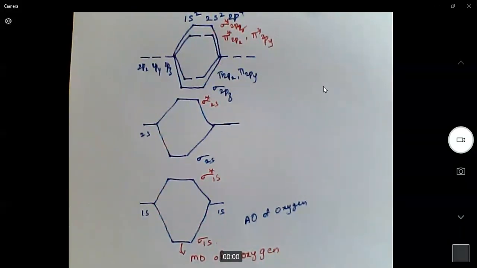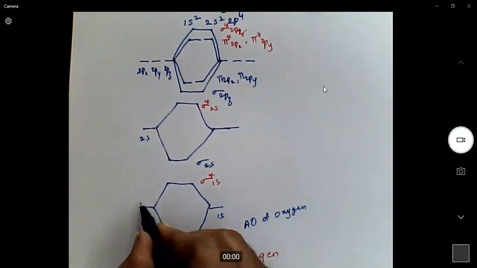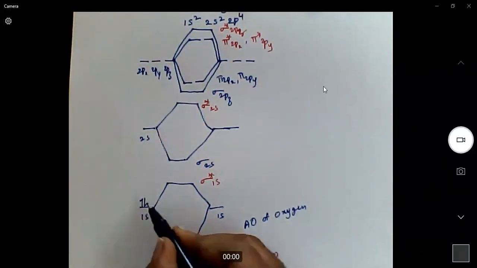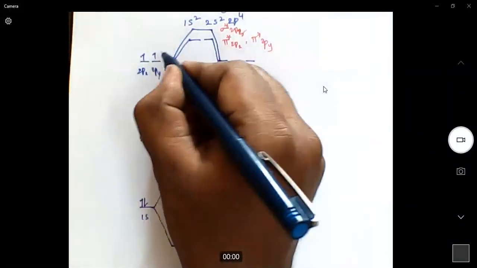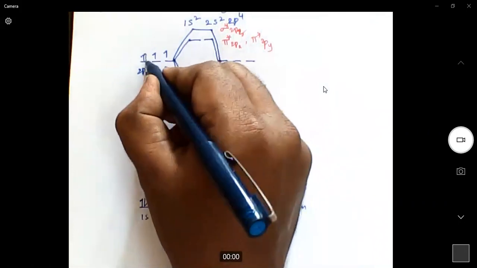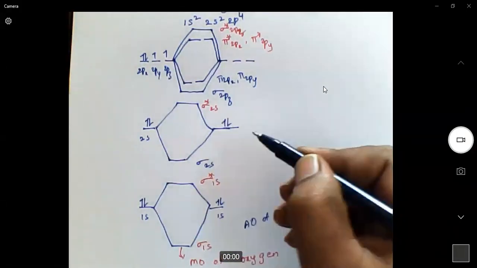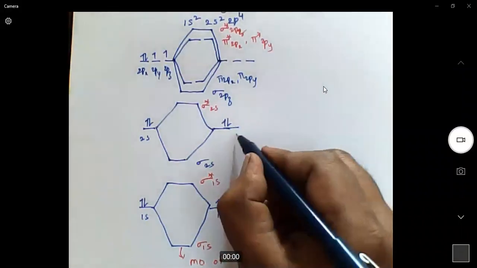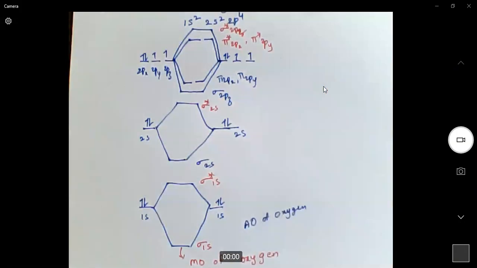Now, what is the electronic configuration? It is 1s2, that means 2 electrons in 1s orbital, 2 electrons in 2s orbital, and 4 electrons in 2p orbital. Similarly, this side also we will have 2 electrons in 1s, 2 electrons in 2s, 4 electrons in 2p orbital.